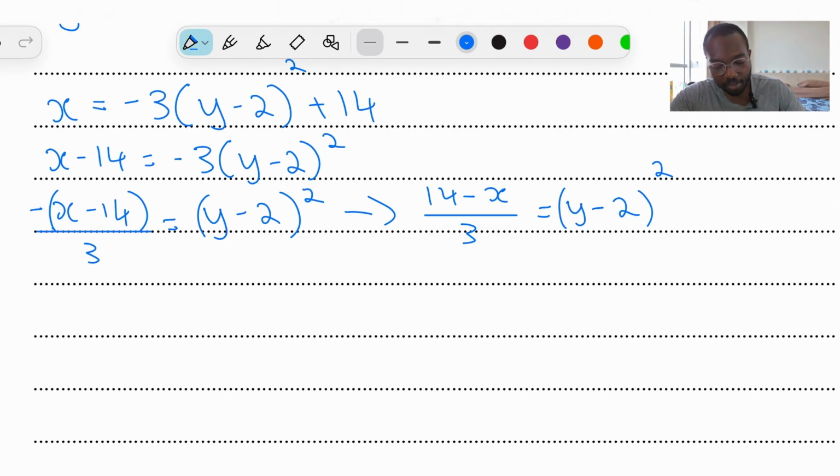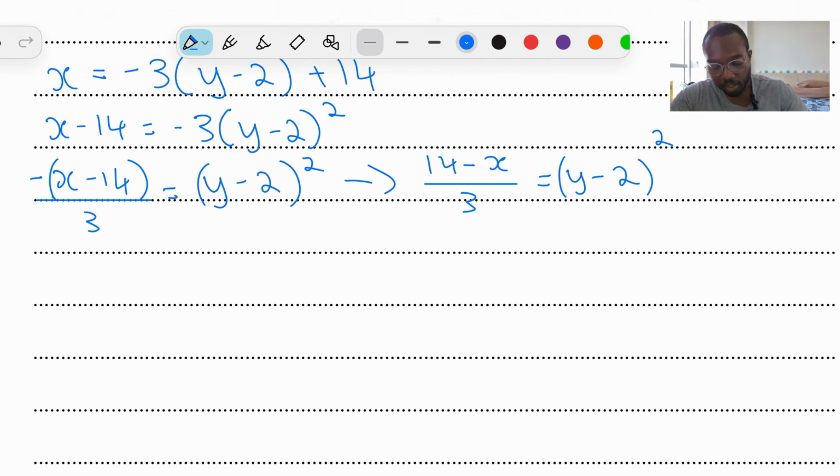Okay, now at this stage, we can get rid of the square root. So we get y minus 2 equal to plus or minus the square root of (14 minus x) over 3.